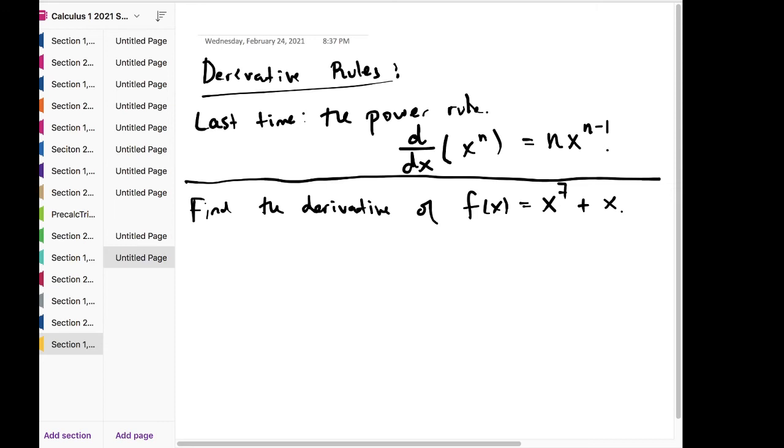It's not of the form x to the n, because we don't have a rule for two things, not yet. As you're developing calculus, you would want to give a rule for what the derivative of a sum is. Yes, it will be 7x to the 6 plus 1, but we don't know yet.